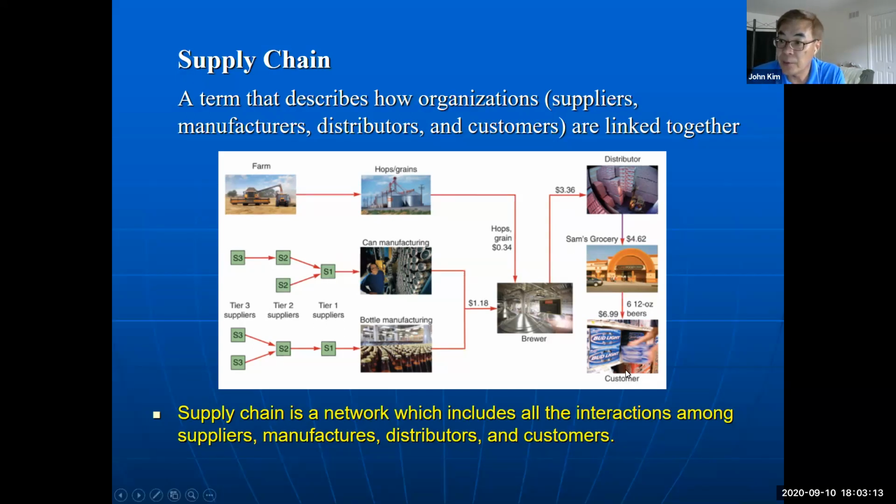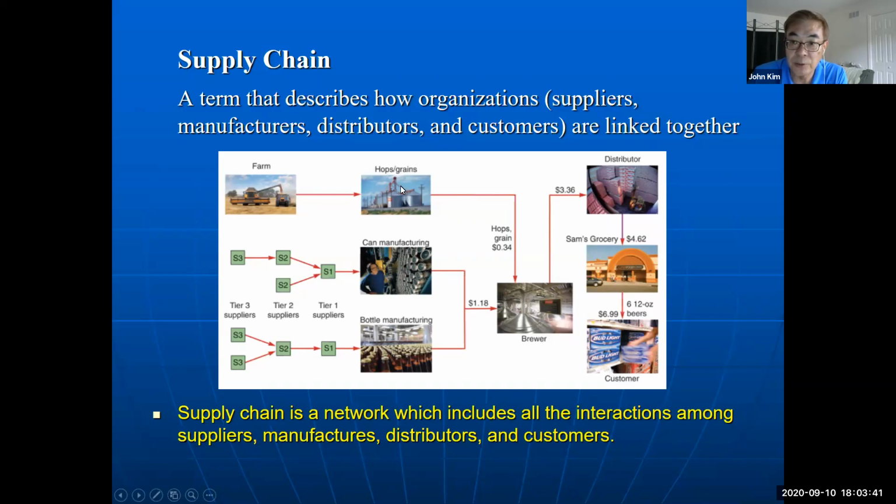It's about beer: how to make beer, then distribute it to customers, and how the price changes. From a farm to middle suppliers like outsourcing companies.